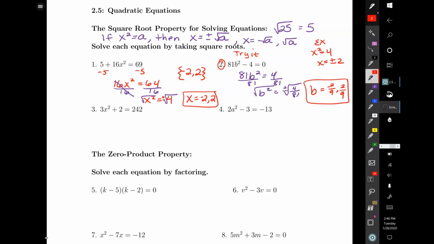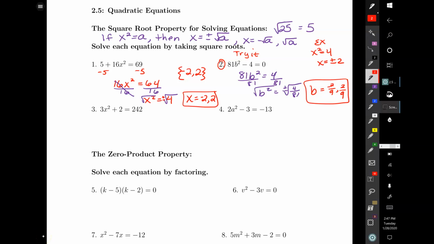Again, this one you could have done a little differently, but we're going to follow this process. Divide by the coefficient and then take the square root of both sides, just so you really get in the habit of that. And then your answer is plus or minus the square root of 4/81, and comes out to be b equals negative 2/9 or just positive 2/9.